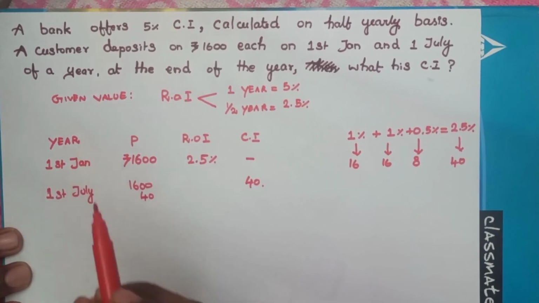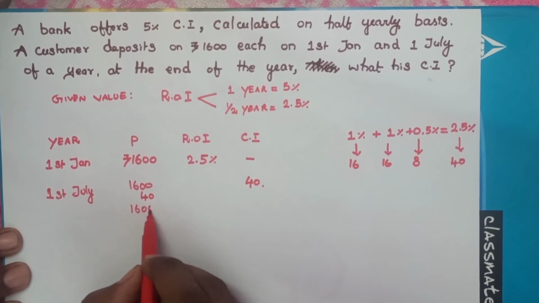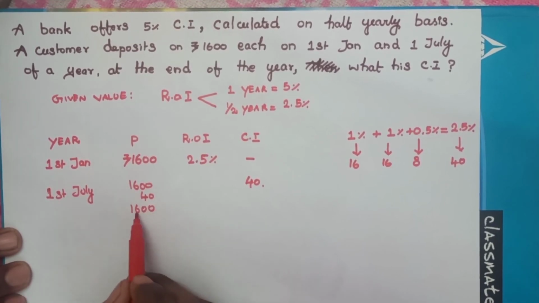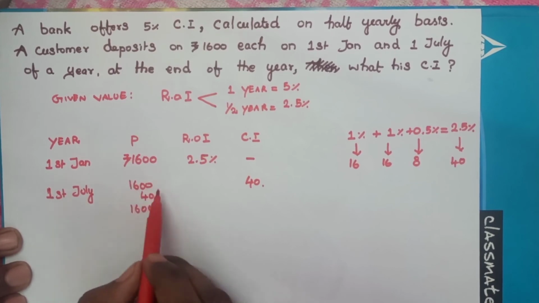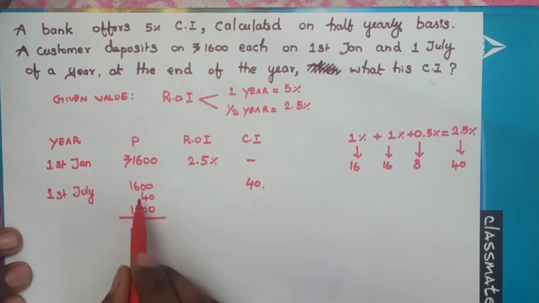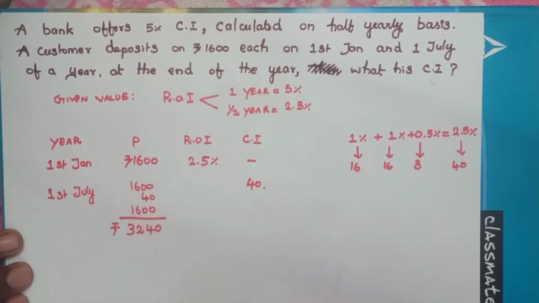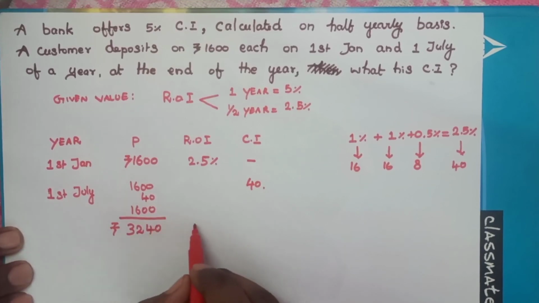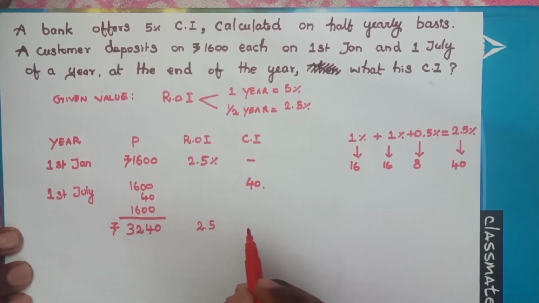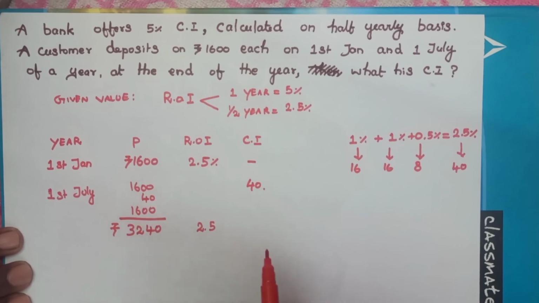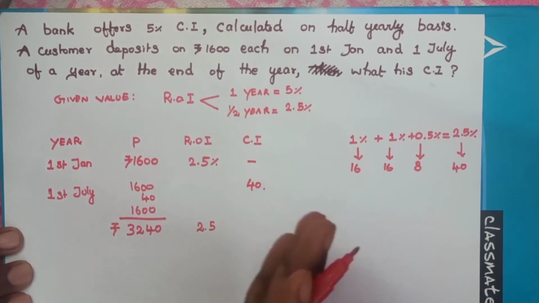On 1st July, the customer again invests 1,600 rupees. We will just add this 1,600 with the accumulated principal, that is 1,640 rupees. So if you add all these things, we will get 3,240 rupees, right?